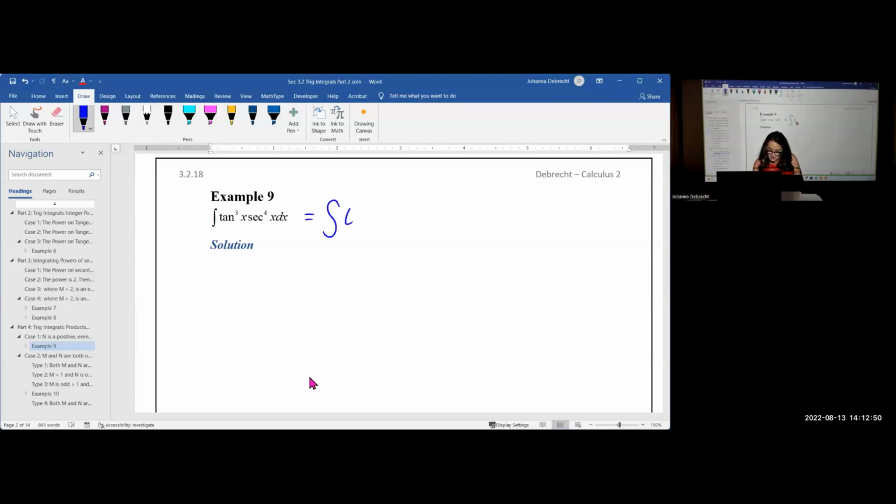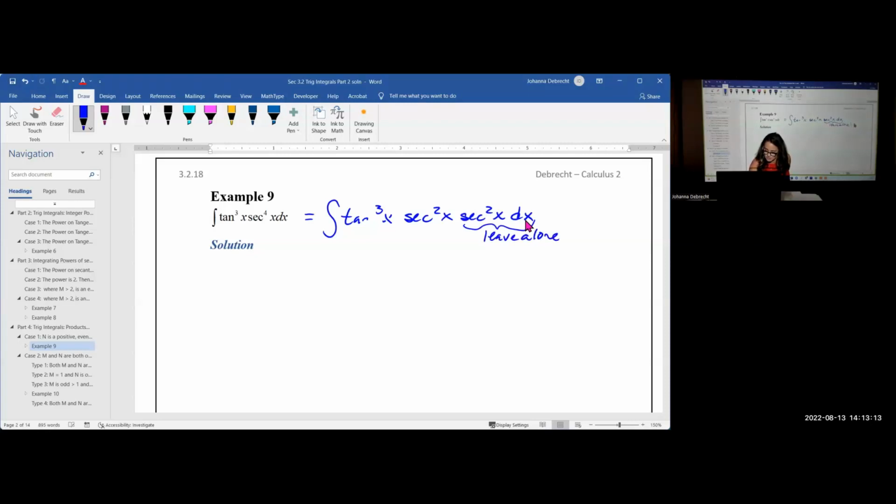So this is going to be tangent cubed of x, secant squared of x, secant squared of x, and the differential is dx. Now, the next thing we want to do is leave the secant squared of x dx alone. This is going to be our du.